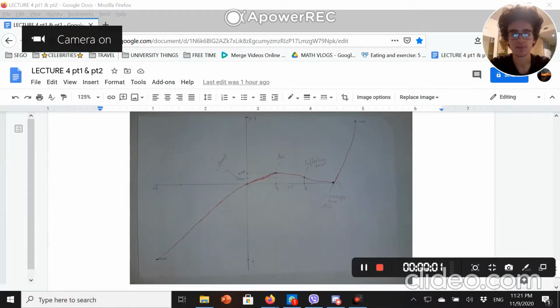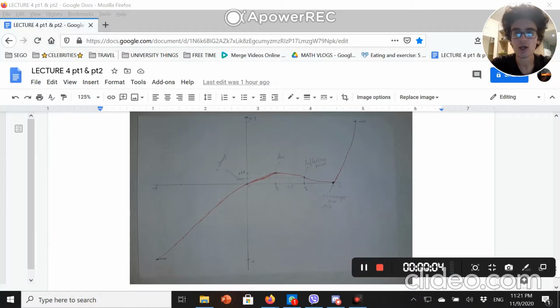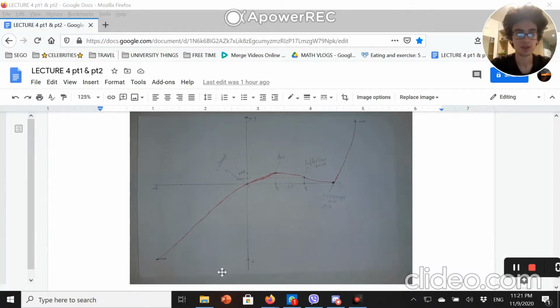It looks a bit clumsy because it is, but it is correct though. So we know that our graph is increasing to its maximum point. It's passing through y. Here, this is our maximum point. Then it's concave down. Here it's concave up, then it's concave down. Then it's meeting our inflection point.